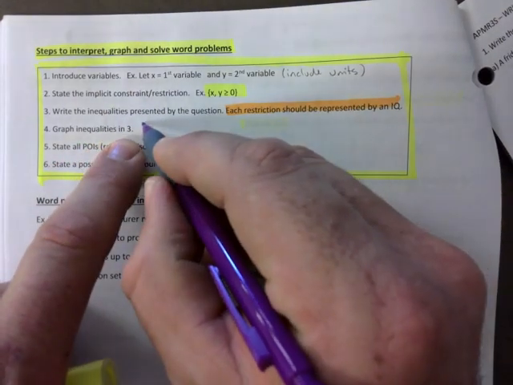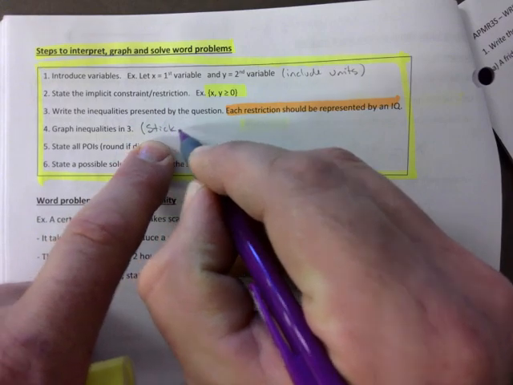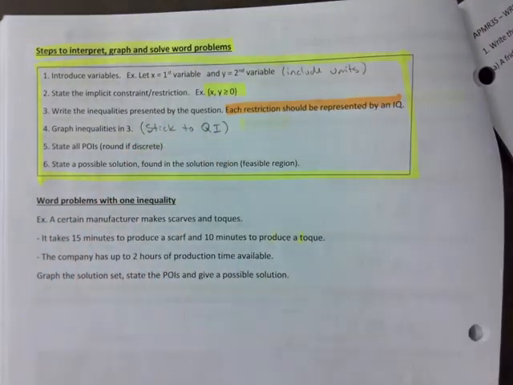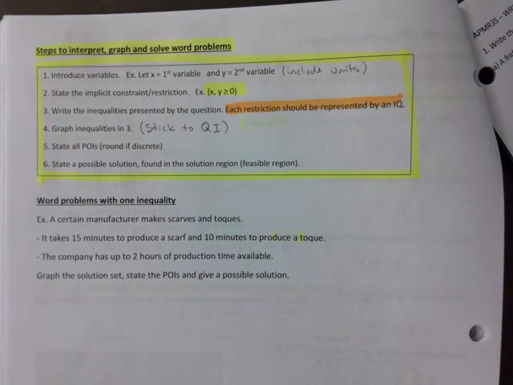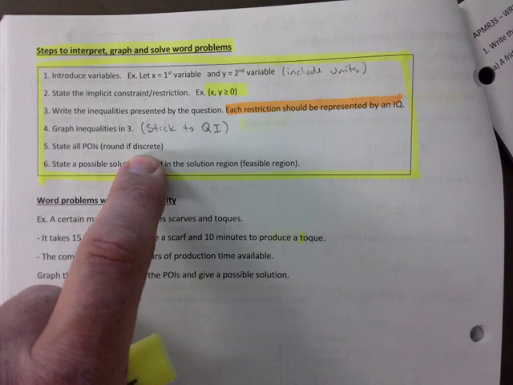And I will say this. Stick to quadrant 1. Okay, stick to quadrant 1 because it's a word problem. State all the POIs, round if discrete.